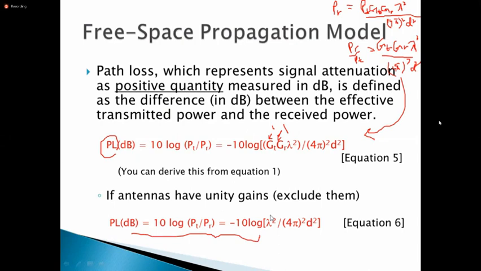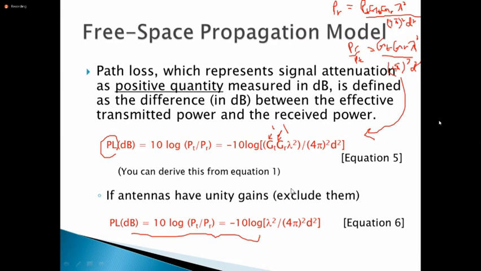For unity gain. Otherwise, if the antenna gains are given, you can't use this equation. You have to use this equation. ඇත්තටම මේක මතක තියාගත්තොත් හොඳයි. L එකත් දාගෙන ගියොත් හොඳයි. And you will remember that if L is not given in the question, you can ignore L. L අයින් කරලා ගන්න පුළුවන් කියන එක මතක තියාගෙන යන්න.